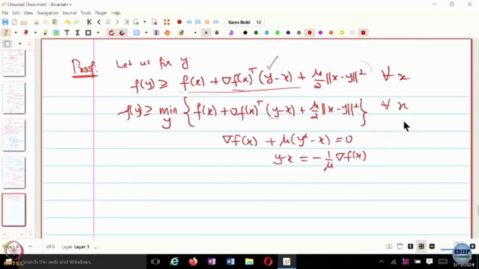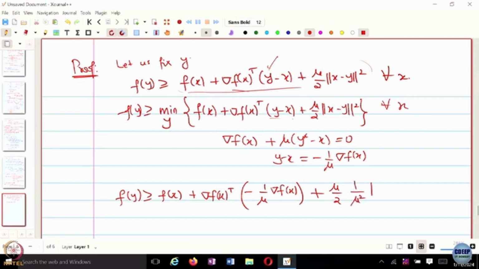So from here, if I substitute this, I get f of y is greater than or equal to f of x plus gradient of f of x transpose times y minus x, which is minus 1 over mu times the gradient, plus mu over 2 times 1 over mu squared. So from here you get negative 1 over mu norm squared of the gradient of f, plus 1 over 2 mu.